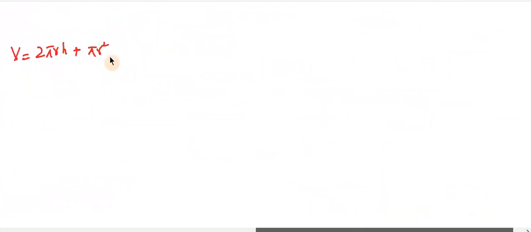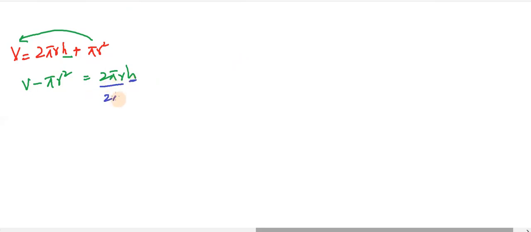Let's start with H. If H is our subject, whatever term is on that side, we'll do the inverse operation. So it's V minus pi R squared is equal to 2 pi R H. And then H is still not alone. Whatever is multiplied with it, we will divide both sides by that, 2 pi R. So it's cancelling out. H is equal to V minus pi R squared over 2 pi R.